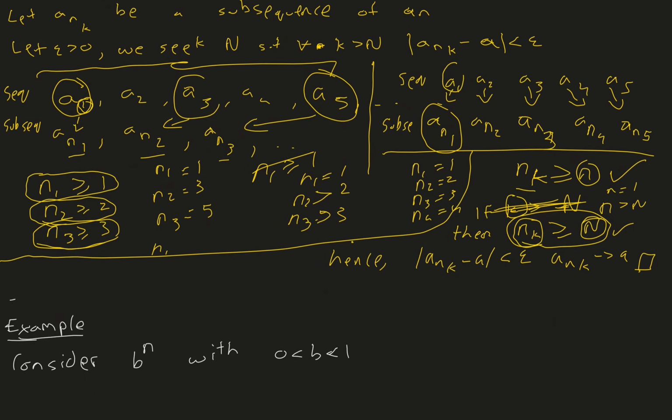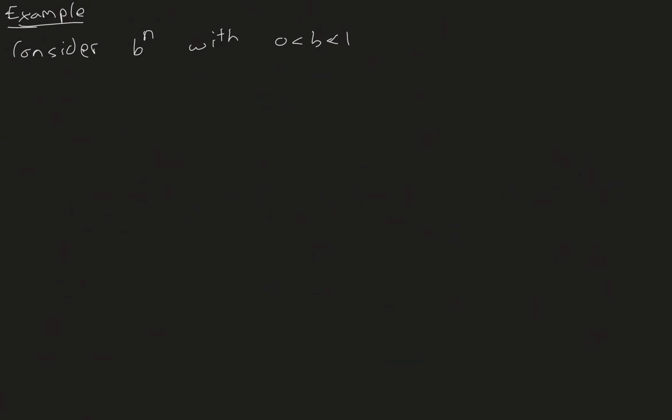So let's now take an example of how we can use this pretty nice theorem. So consider b^n with b being between 0 and 1.